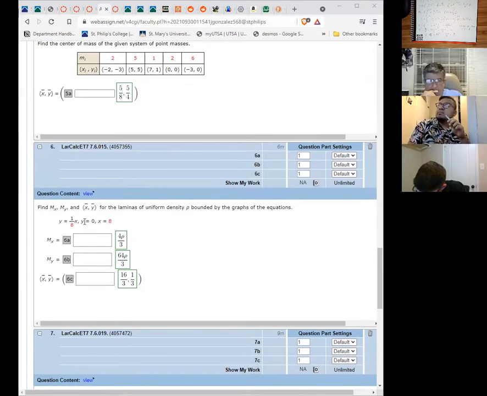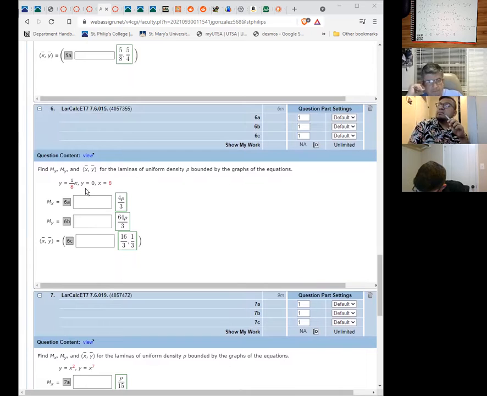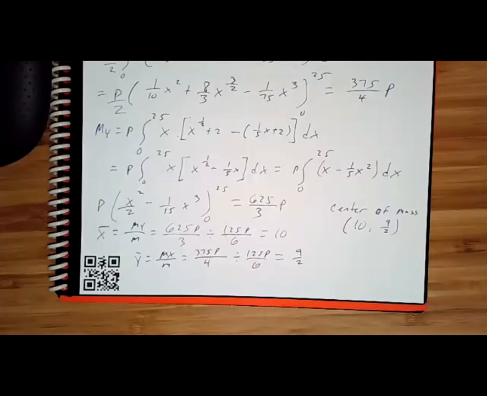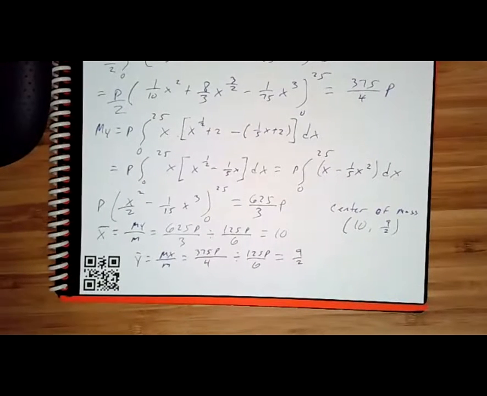Let's see here. This one is similar to what we did, except this one's a little easier. Let's see what the graph looks like. y equals 1/8 x. Equals 0. X equals 8.